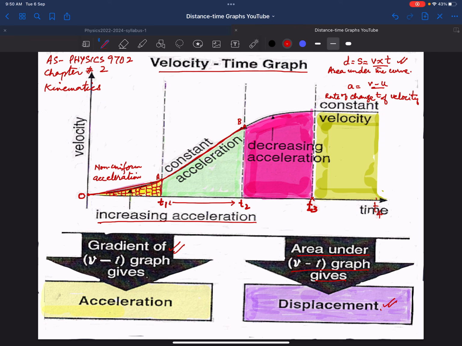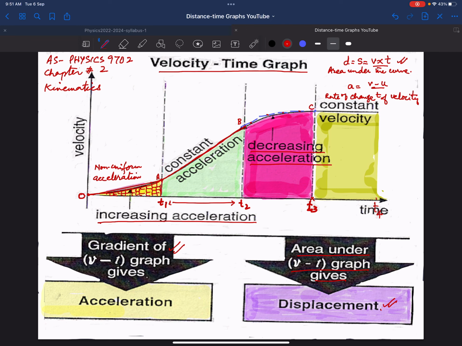After point B, you can very easily see that the gradient is decreasing, from point B to point C, and as the gradient is nothing but acceleration, you can say that we have decreasing acceleration.